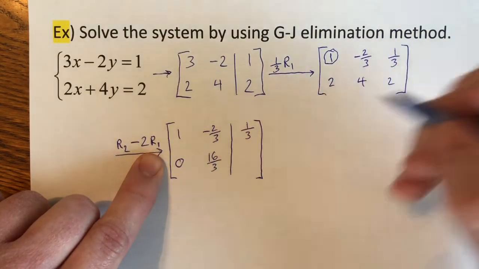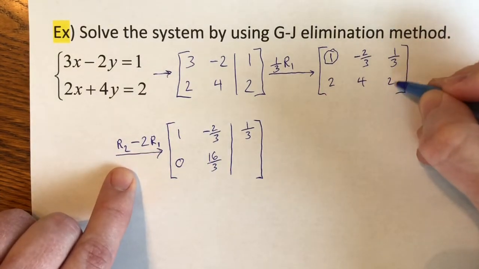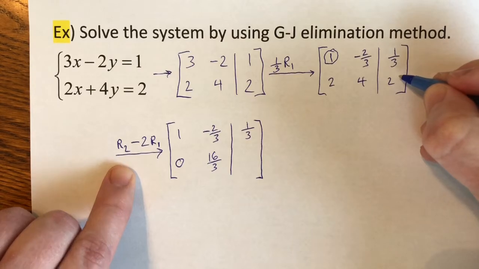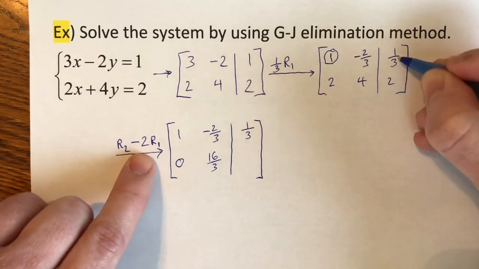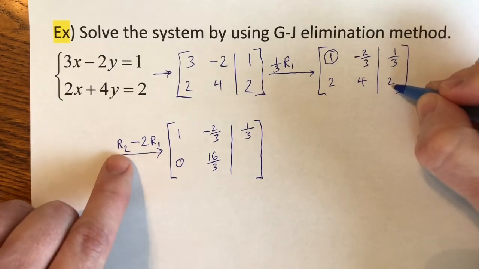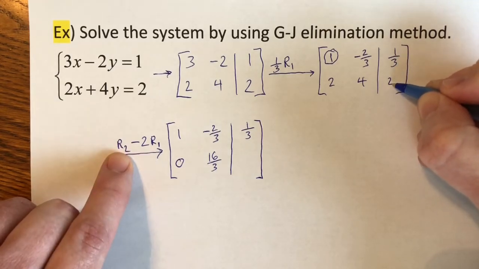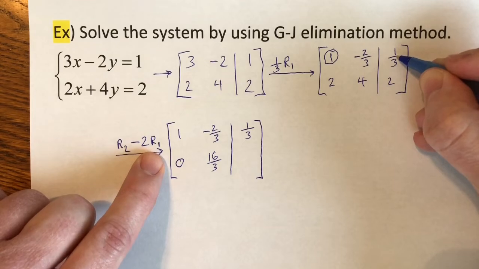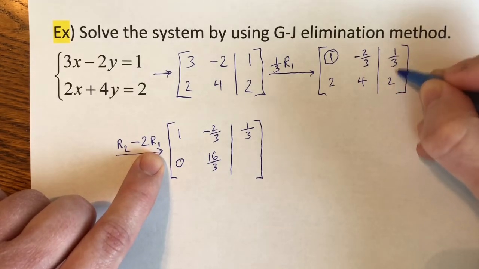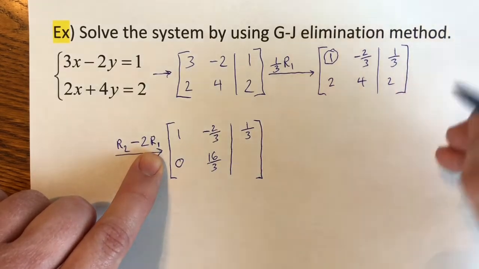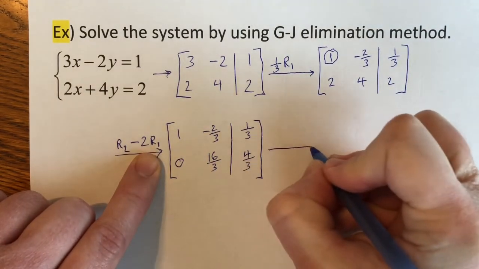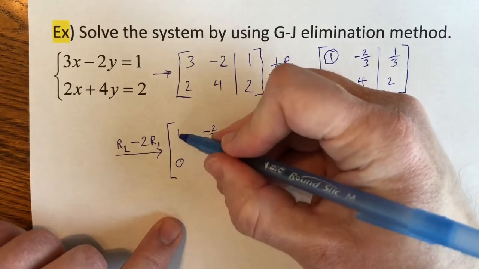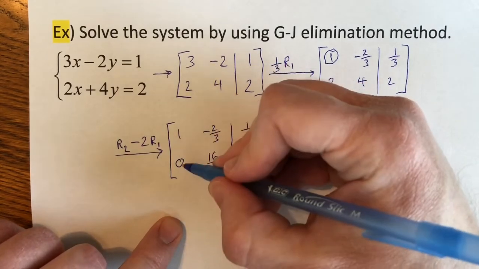That's going to be 16/3. Moving on to the third column, same row operation: 2 minus 2 times 1/3. That is the same as 2 minus 2/3, which is the same as 4/3, I think.